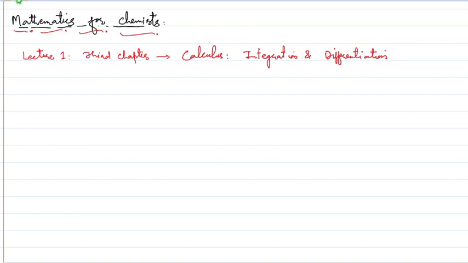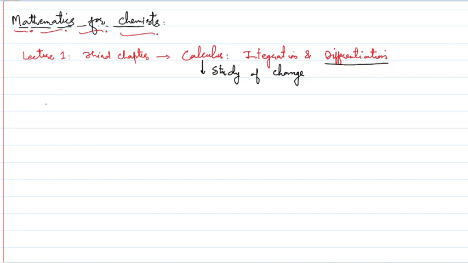What is this calculus? It basically means the study of change. From this part, we will first focus on differentiation.